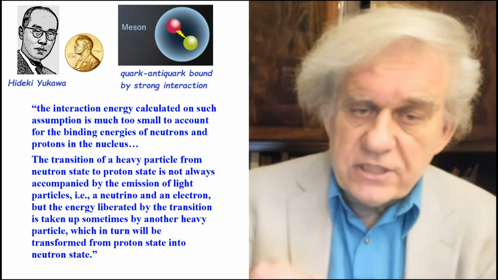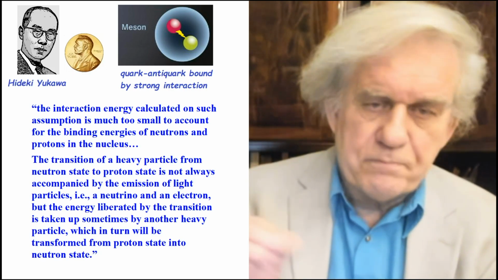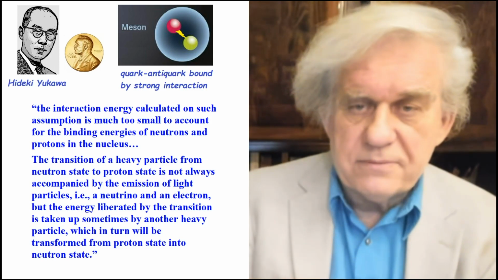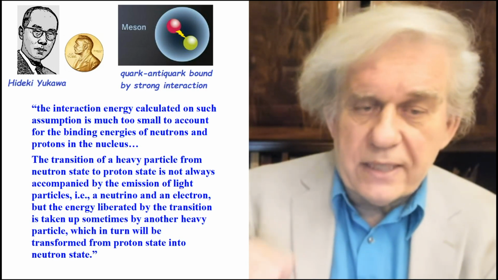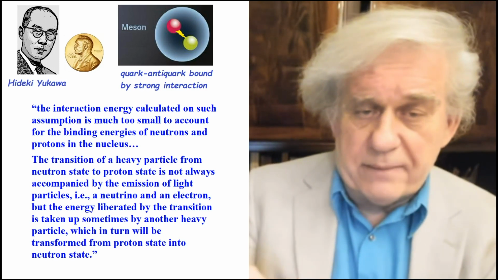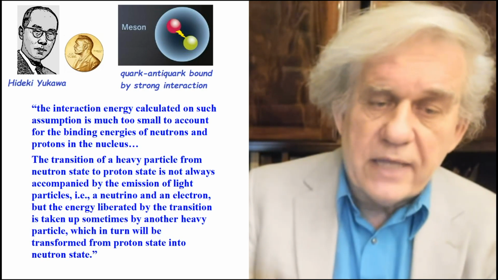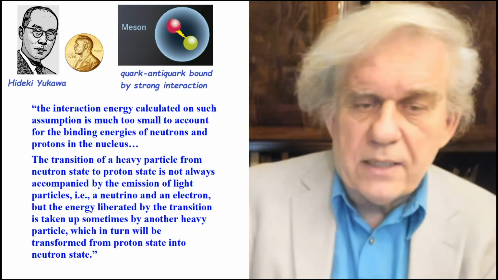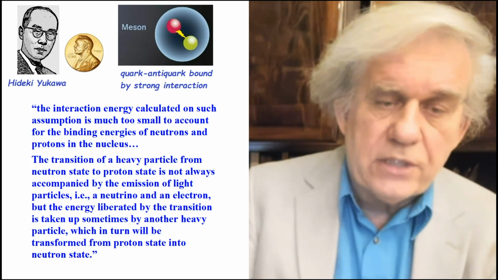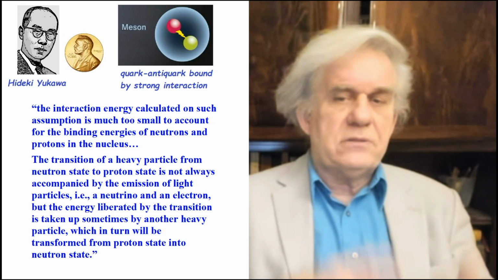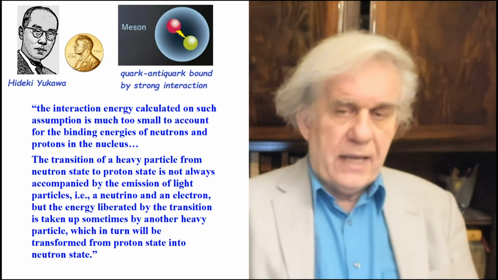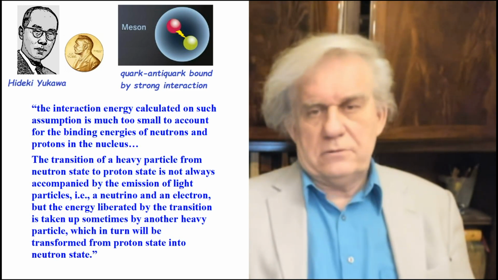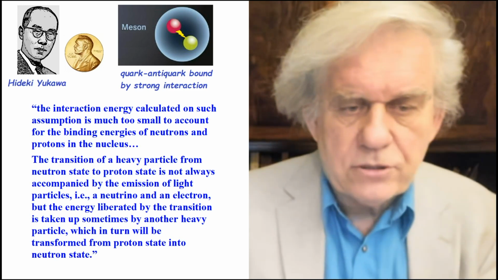The transition of a heavy particle from neutron state to proton state is not always accompanied by the emission of light particles, a neutrino and an electron, but the energy liberated by the transition is taken up sometimes by another heavy particle, which in turn will be transformed from proton state into neutron state. So he was still trying to explain that transformation, and he says, look, there's another particle in there, and we're going to refer to these particles as mesons. That's how the meson came into the language.